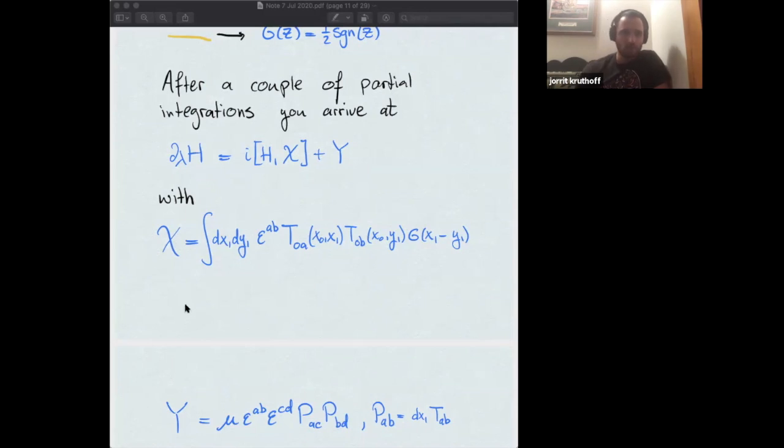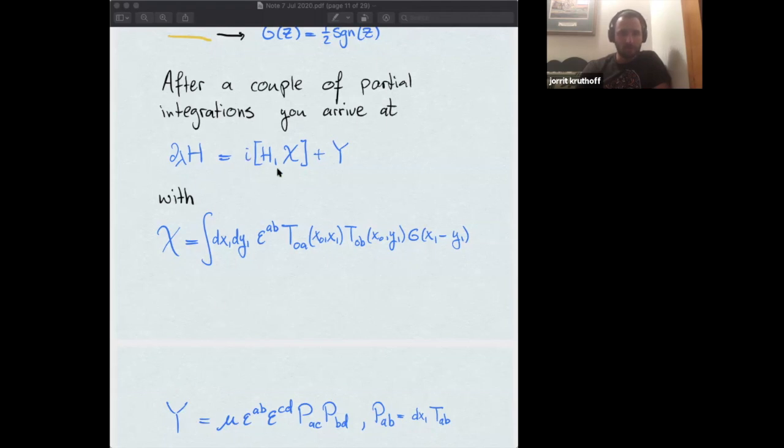So that is this chi, and this Y is a particular contraction of an operator P. P^{AB} is the spatial, there's an integral sign missing here. That's the spatial integral of the stress tensor. And it is this Y term that is responsible for the flow of energy eigenstates.